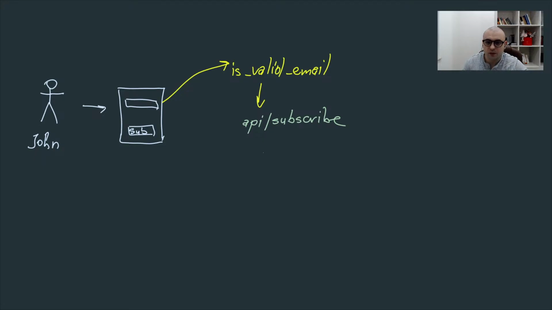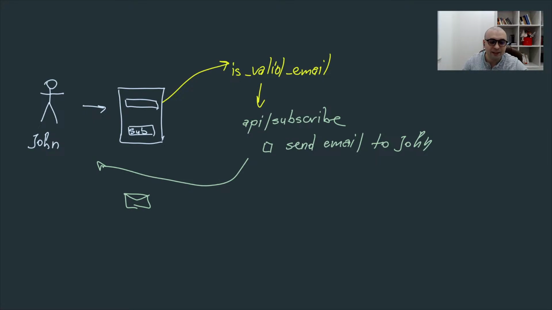So step 1: send email to John to confirm his email. So we'll send an email to John, and we'll have an email sent.